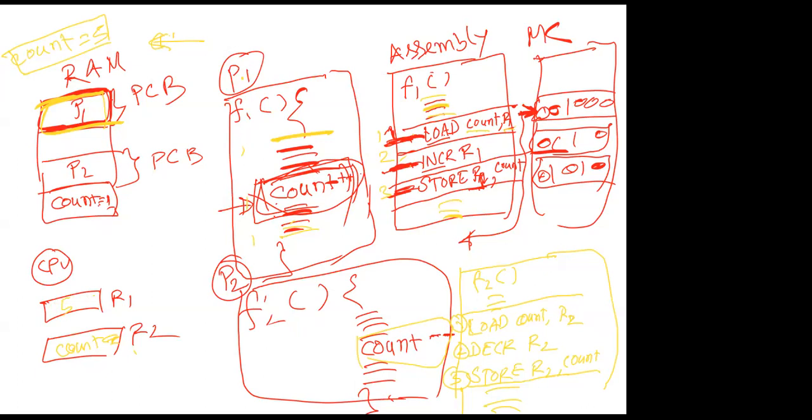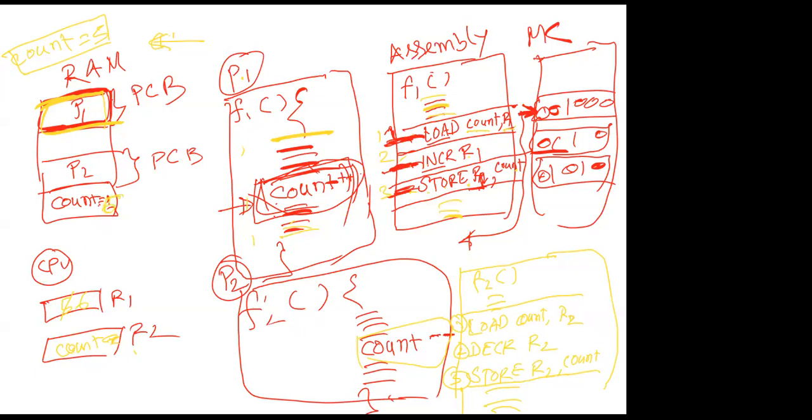Then in this line, increment R1, so this value will be 6. The third line is store R1 to count, so this variable will be 6. Okay, 6, then it's fine.